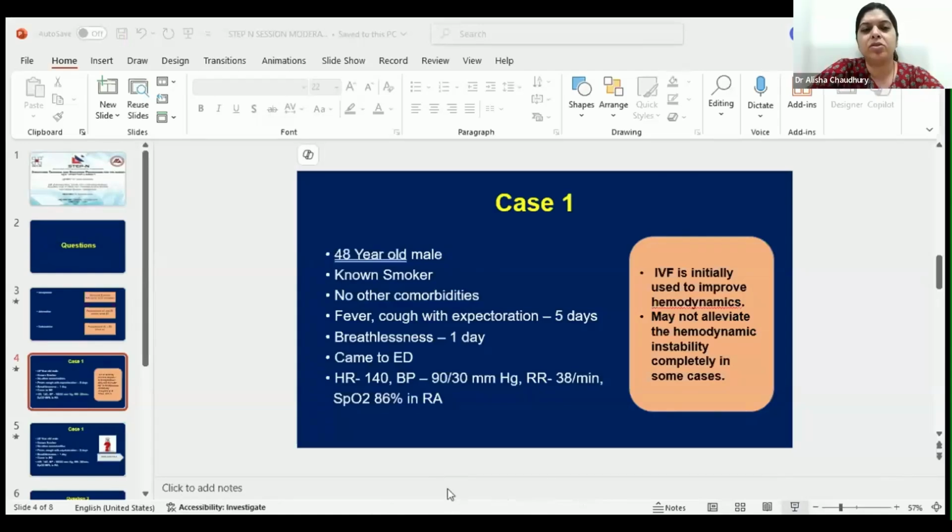You can go to the top next to animation. There is a slideshow. One second.